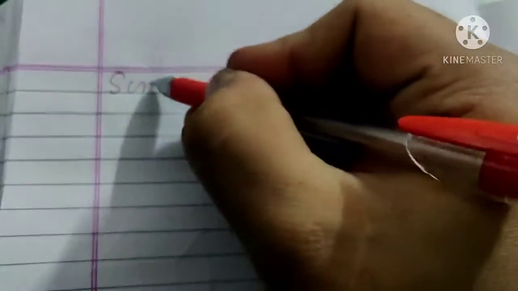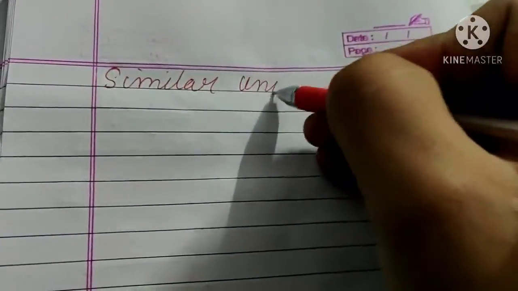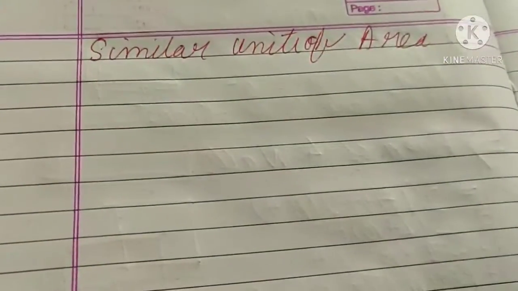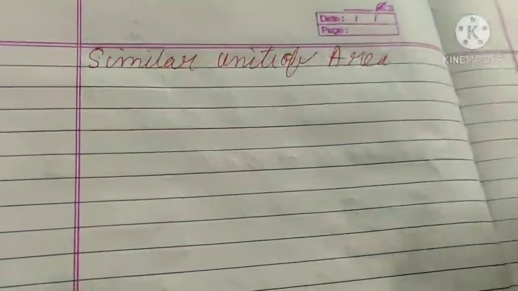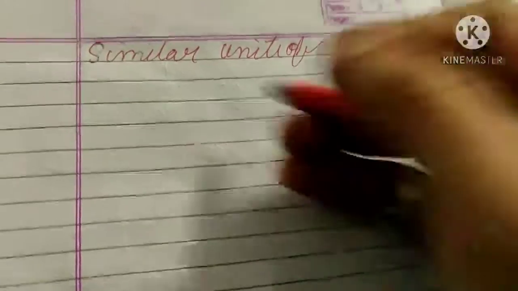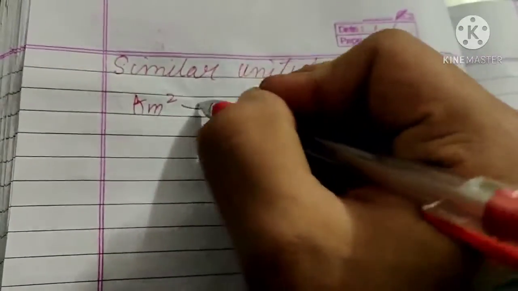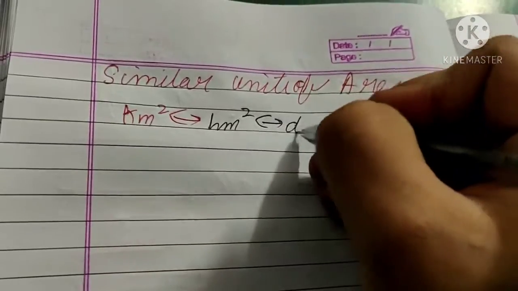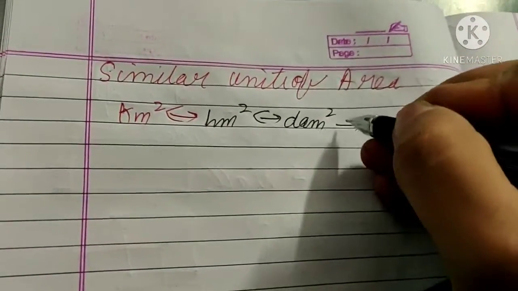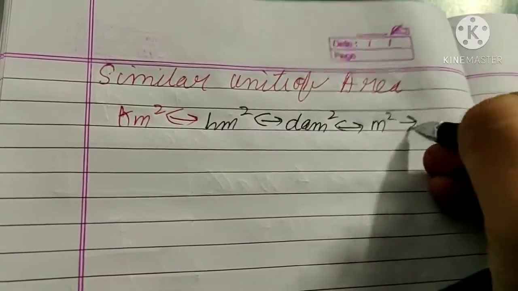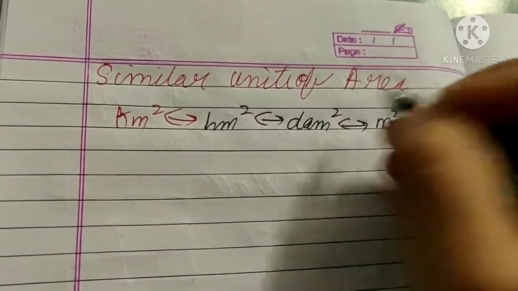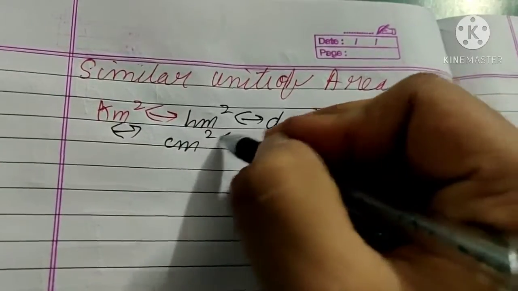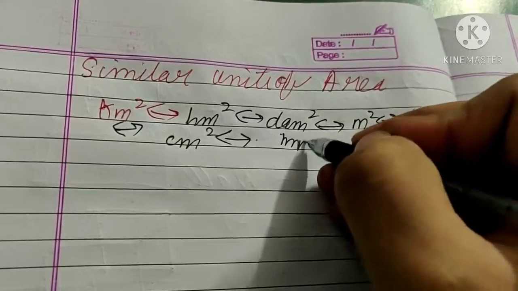And then the similar units of area. If you have to convert area with units like meter square, that is kilometer square, hectometer square, decameter square, meter square, decimeter square, centimeter square, then millimeter square.